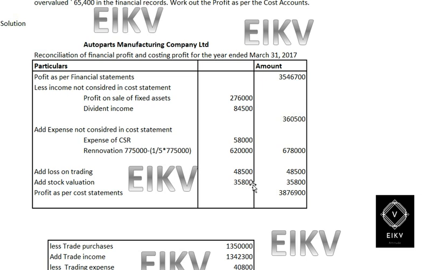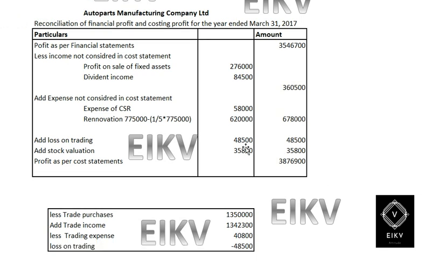So the negative figure means the profit increases, right? Negative figure means like an income, right? Yes. So for arriving at the costing profit, we need to add such amount.